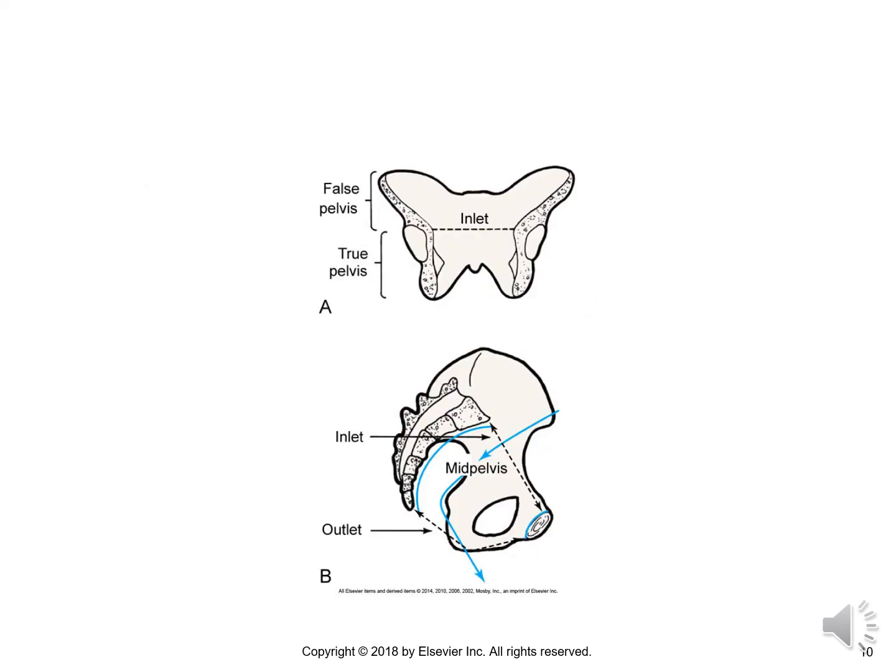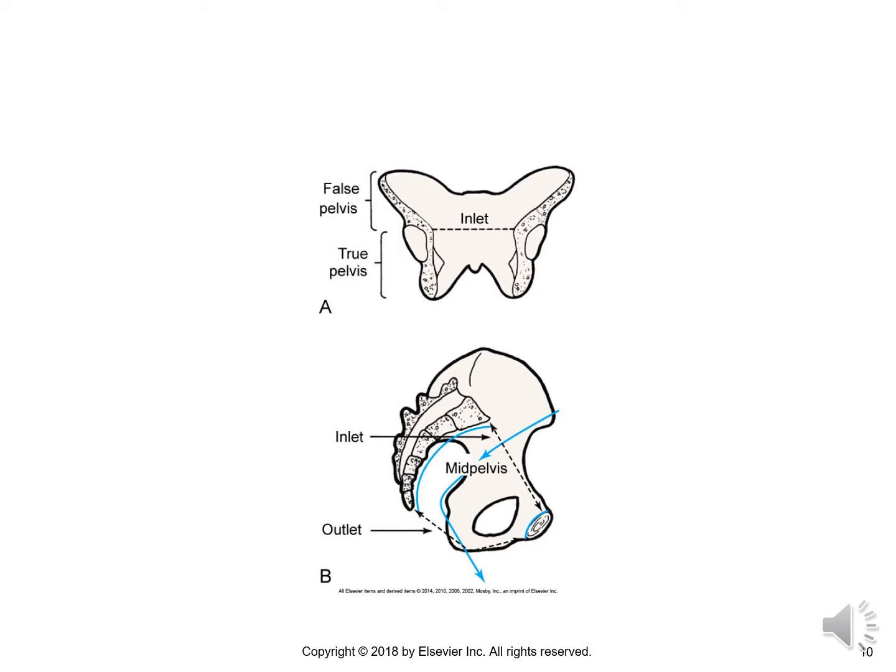This picture is important, especially the upper picture, because it shows you the false pelvis and the true pelvis. The true pelvis being the ischial spines portion, where it is the narrowest part of the pelvic inlet.